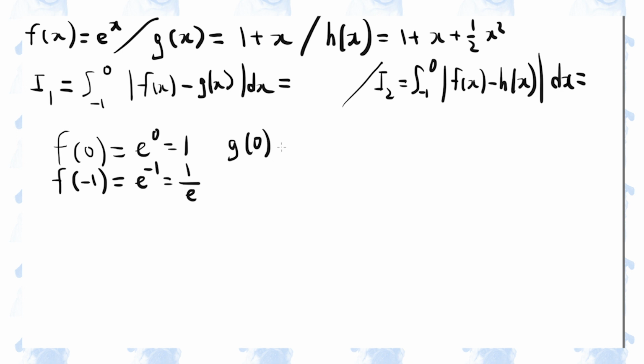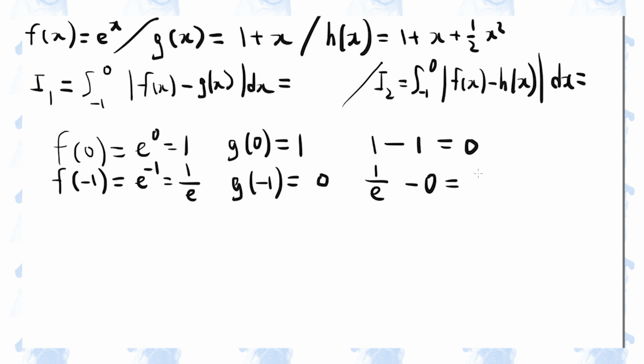G of 0 is 1, g of minus 1 is 0. 1 minus 1 is 0, 1 over e minus 0 is 1 over e. So within this domain, the area will never be negative, so we can basically ignore the absolute value sign and perform the integration as per normal.